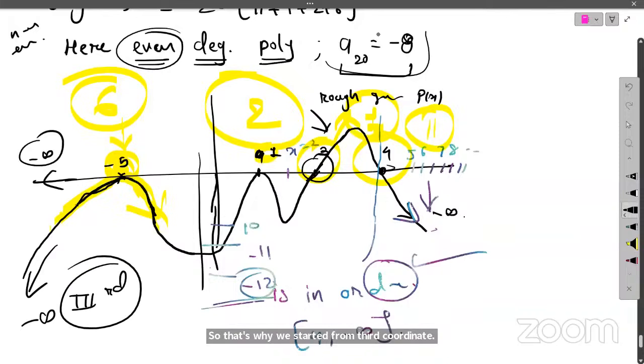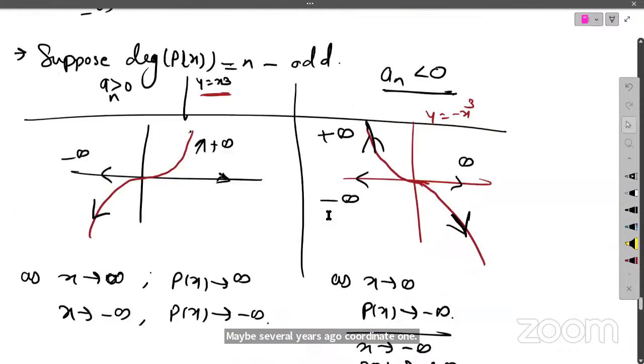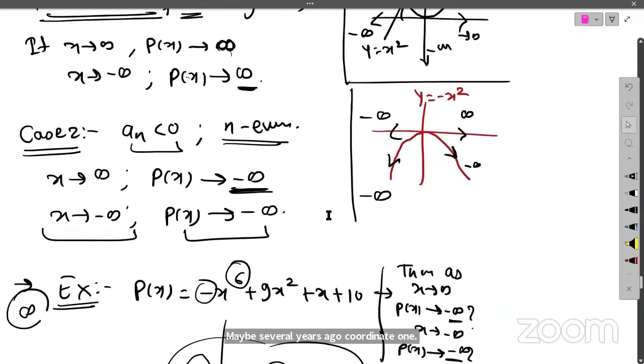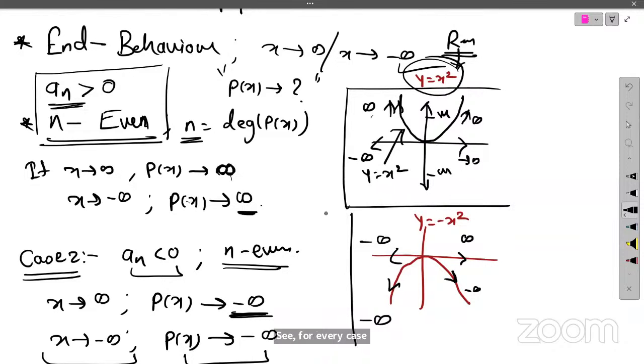Ma'am, is there a kind of coordinate picture from which we can find out all these conditions? Yes, this x square, x cube, this is your hint. See, for every case, if a is greater than 0 and n is even, you have to remember y equals x square graph.